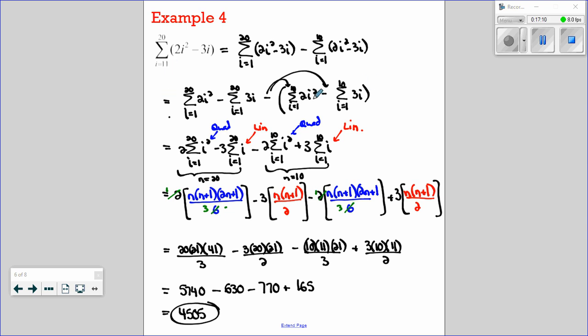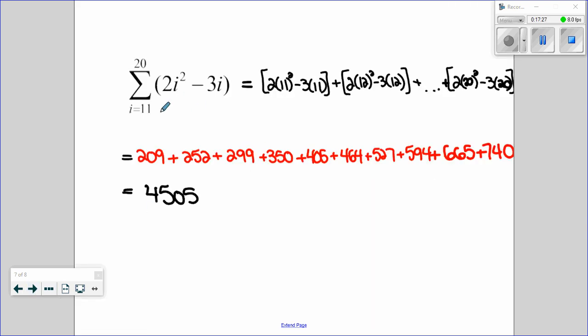When I simplified it, I ended up getting 4,505. Here I use an n value of 20, here I use an n value of 10. Don't forget, at this point you distribute the negative over both of those terms. You could get the same answer by just filling an 11 in, a 12 in, all the way up to 20, and you would end up with 4,505 as well.